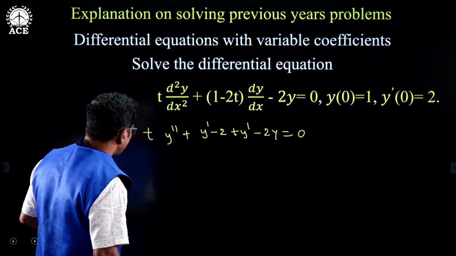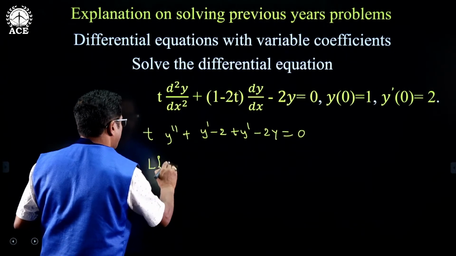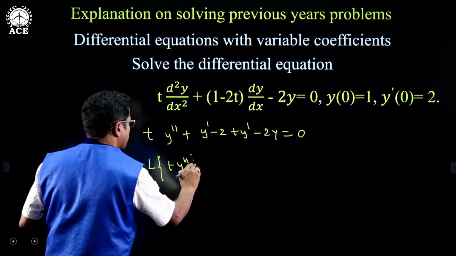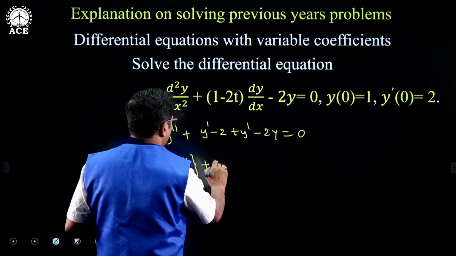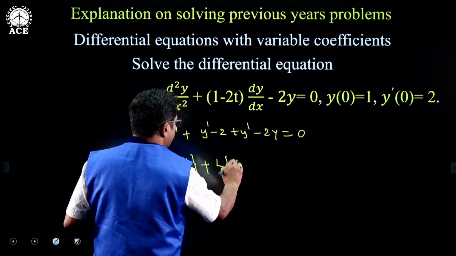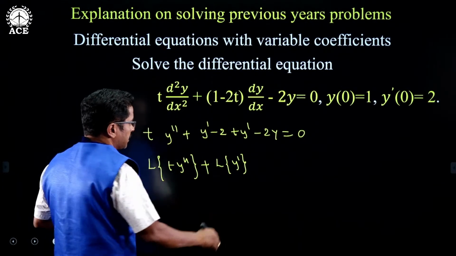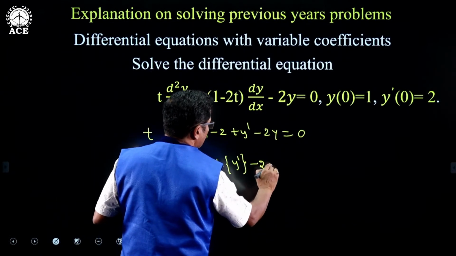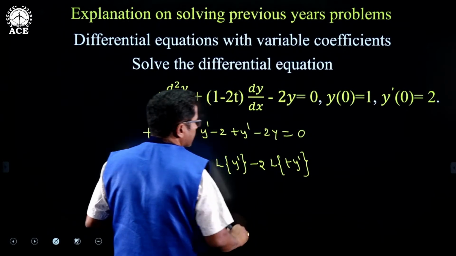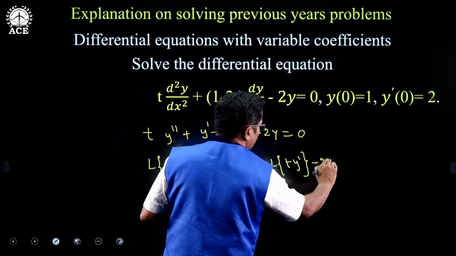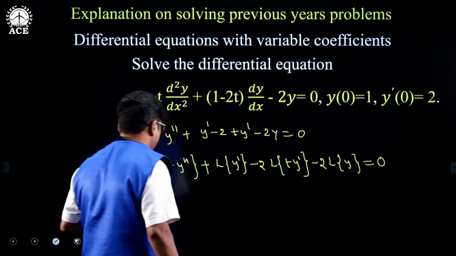Now I am taking the Laplace transform: L of t into y double dash plus L of y dash minus 2 into L of t into y dash minus 2 into L of y is equal to 0.